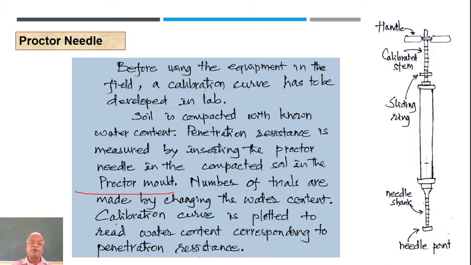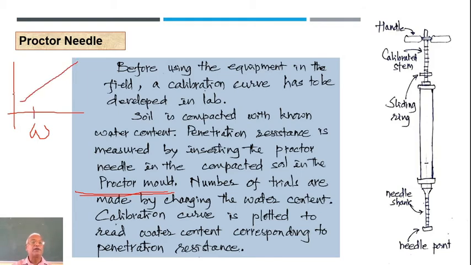So in the proctor mold only, usual compaction is done, and what is graphed is penetration resistance versus water content. Now how will you get it? As the water content increases, the penetration will be more and more. So you'll be getting a graph like that, right?